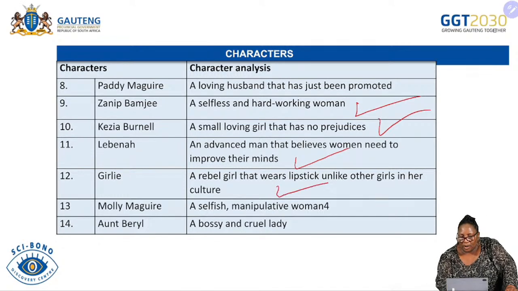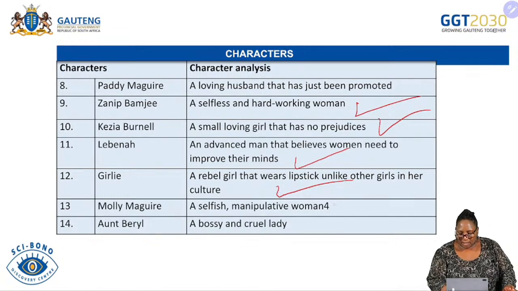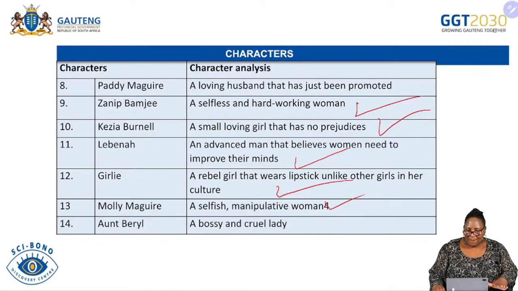Then we have Molly Maguire, a selfish, manipulative woman. Which story is she from? From The Fair Coat. Correct. And then we have Aunt Beryl. Who is she? A bossy and cruel lady.